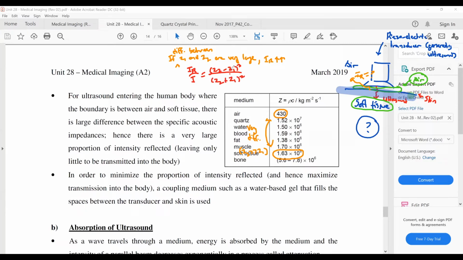The difference is very large, so the entire thing is large. So your fraction of reflected intensity is very large.